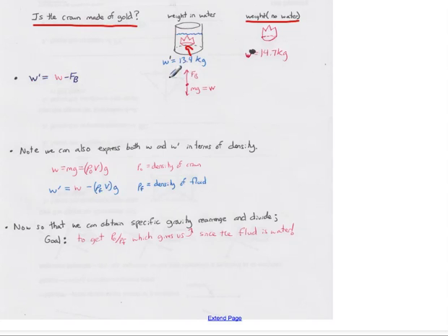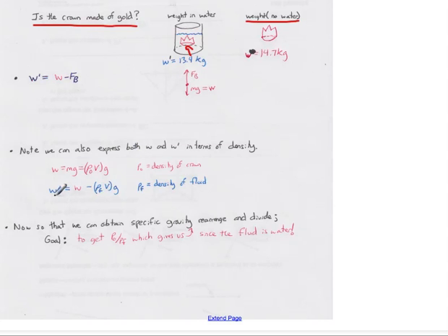Okay, so our next step is to think about W and W prime in terms of density. So you just rewrite them. W, of course, is just the mass times gravity pushing downwards like we've always done. But then we can rewrite W in terms of density: the density of the crown times the volume of the crown, and then there's our g still.